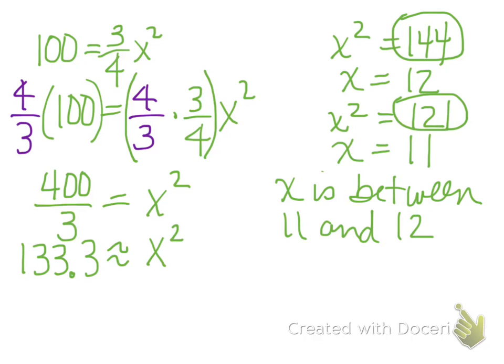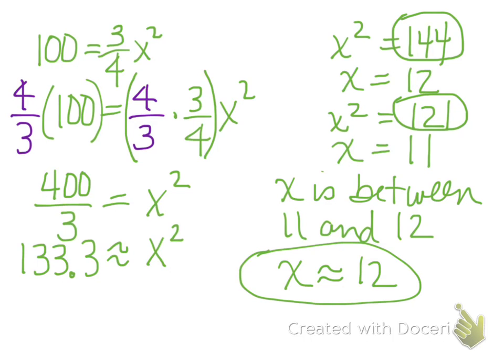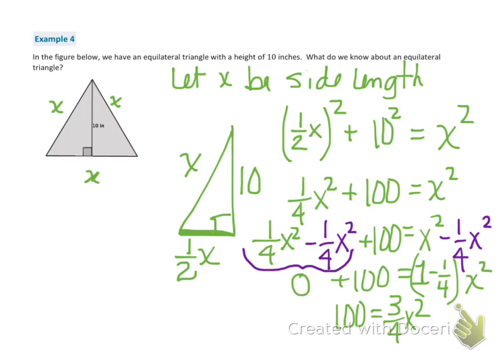So we could say x is approximately 12. And once again, we could get closer. Maybe we could try some decimal approximations. Maybe it's around 12.5, but this is close enough. So our side length of this triangle is approximately 12, which does make sense because this height right here is 10.